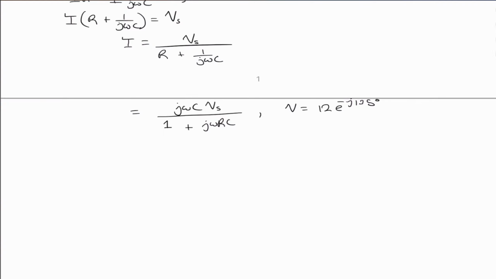So we know that Vs is equal to that. We also know omega, R, and C, so we can plug that in and simplify our expression, and we'll end up with 12 times the complex exponential e to the j90 times e to the j135.